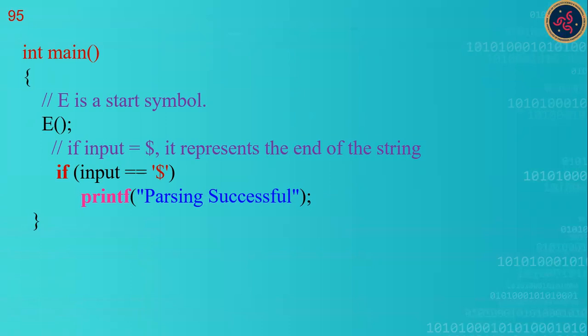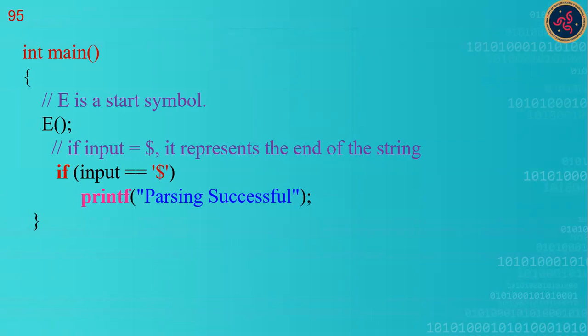After everything has completed, after all the symbols have passed inside the input symbol, it will return back to the main function, and then your input pointer will be pointing to the dollar symbol. If it is pointing to the dollar symbol, then we can say that the parsing is successful. Okay, so this is how you can design a recursive descent parser for a given grammar.